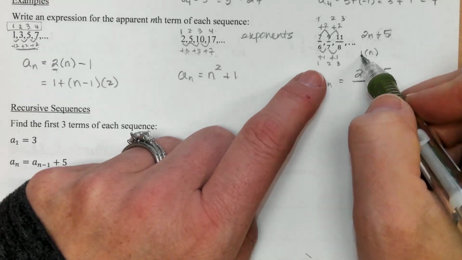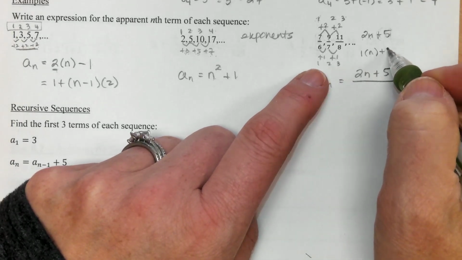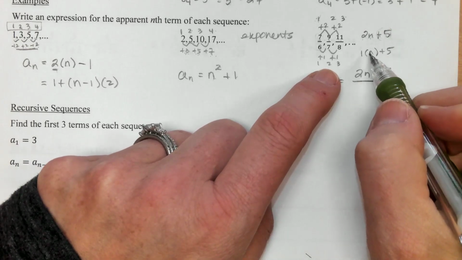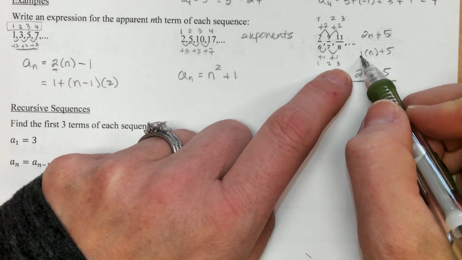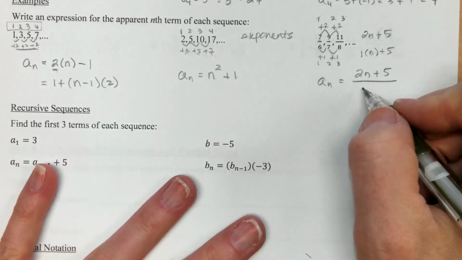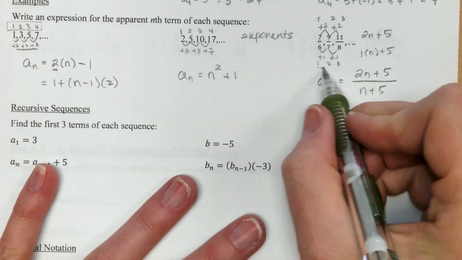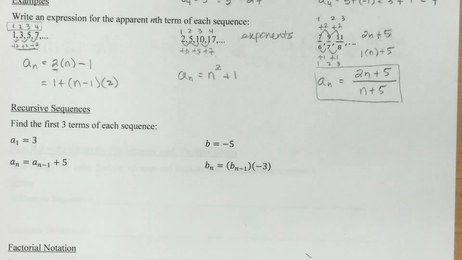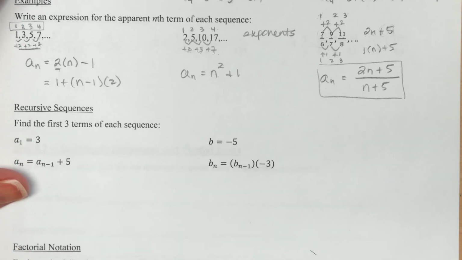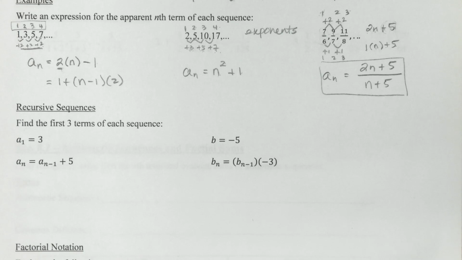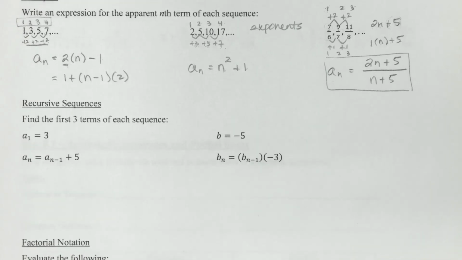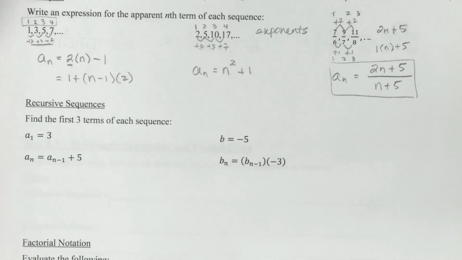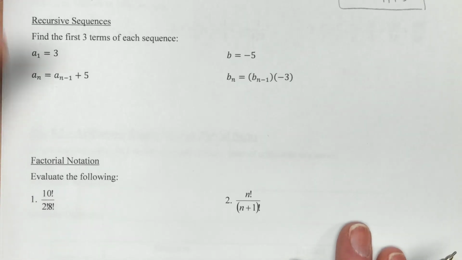So you're going to plug in a 1. 1 times 1 is 1, but to get to 6, we're going to need a 5. 2 times 1 is 2, plus 5 is 7, so that works out. 3 times 1 is 3, plus 5 is 8, that works out. So it looks like that is my equation. And again, fractional sequences are so much easier to figure out if you deal with the numerator separately from the denominator.